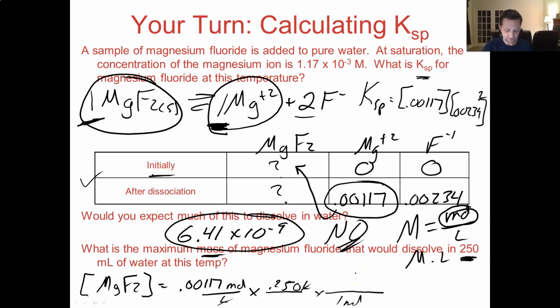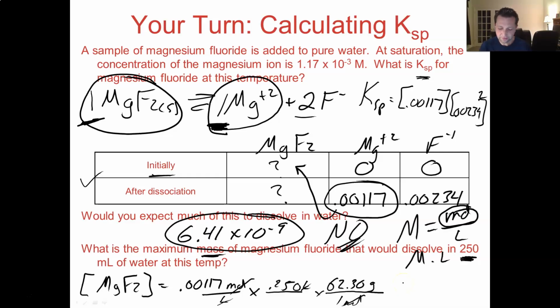Molar mass of magnesium fluoride is, I have it written down here, 62.30 grams per mole. So the moles cancel. So you do 0.00117 times 0.250 times 62.30, and you will get your mass of magnesium fluoride.